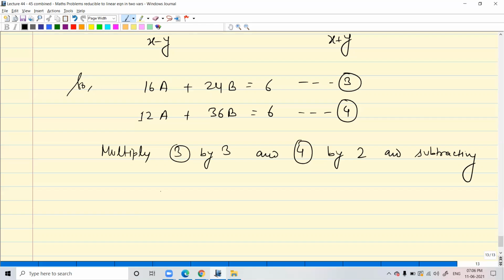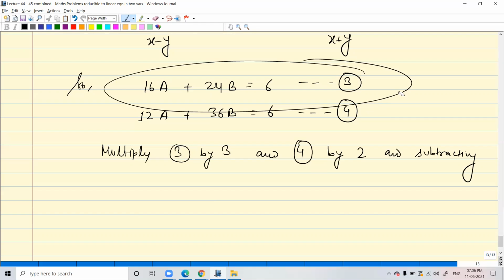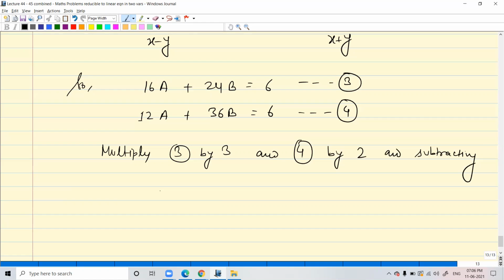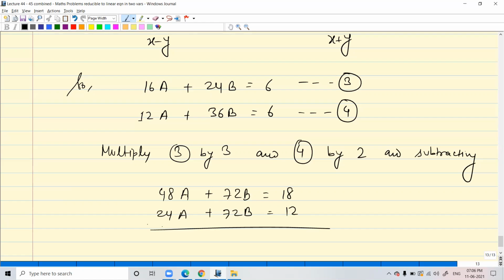What will happen? The third equation will become 48a plus 72b, and the other one will become 24a plus 72b, and I'm going to subtract it.